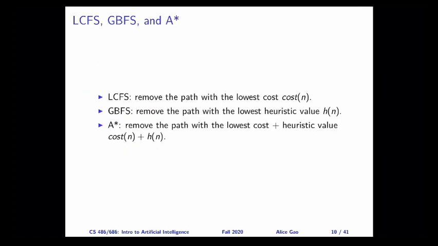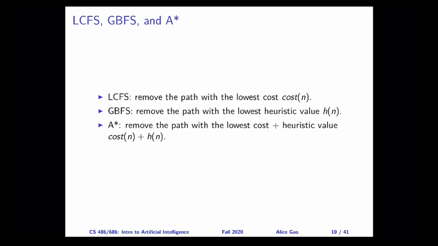Given the cost and the heuristic functions, we can now define the three algorithms depending on which of the two functions they use. For all three algorithms, they implement the frontier as a priority queue. The algorithms differ in terms of the order in which they remove paths from the priority queue.